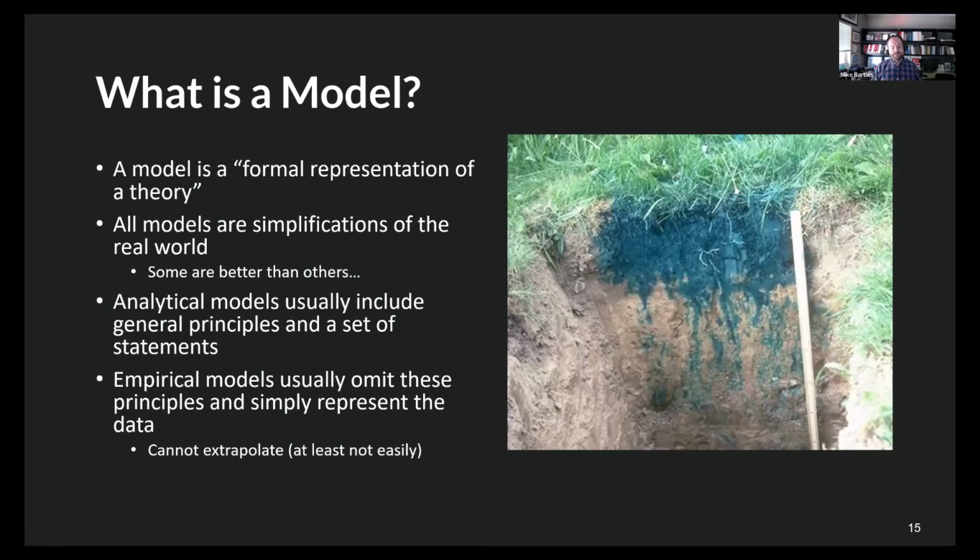Models typically fall in two different categories, one analytical, another one empirical. Analytical is based upon a general set of principles. Think of these as physically based models or something like that, conceptual models. Empirical models throw that all out the door. They just say, I have this data, I fit a line to it, or I fit a model to that, whatever, and I'm going to use that model to predict how things are going to go in the future.